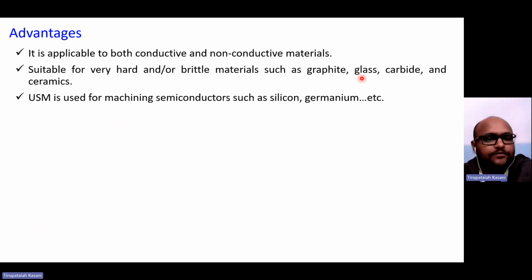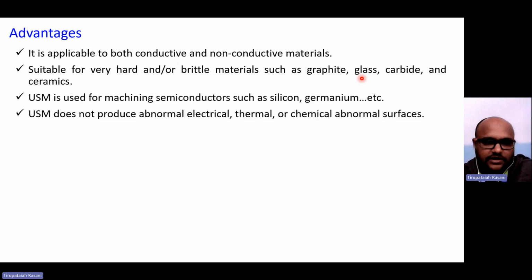We have already seen this. And USM is used for machining semiconductors such as silicon and germanium. All of you know these semiconductor materials, silicon and germanium. These are doped, and there is a doping system, PN junction diode, all are different. USM doesn't produce abnormal electrical, thermal, or chemical surfaces. Why?